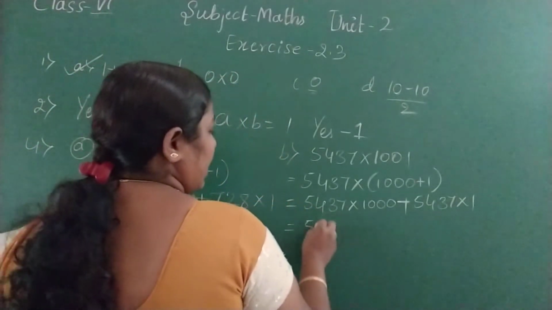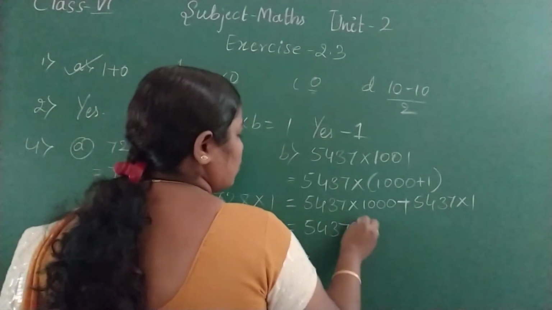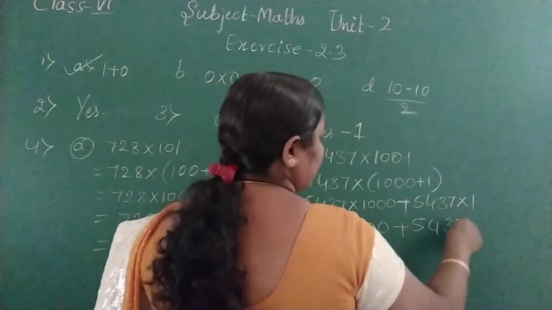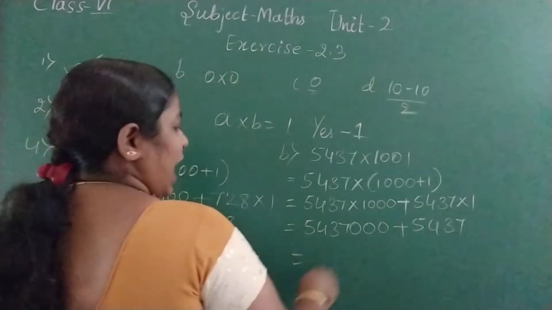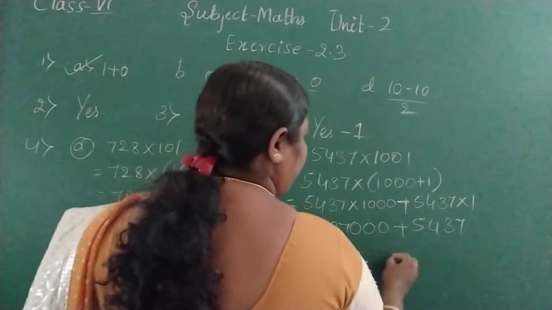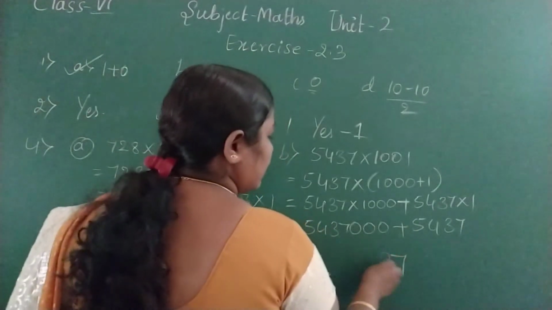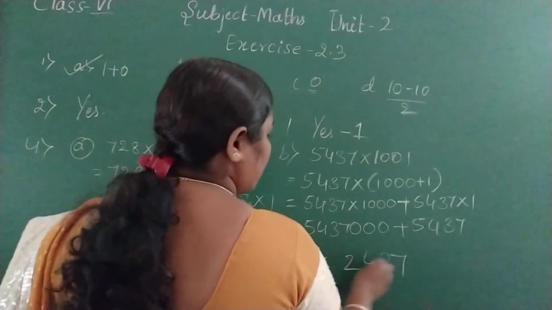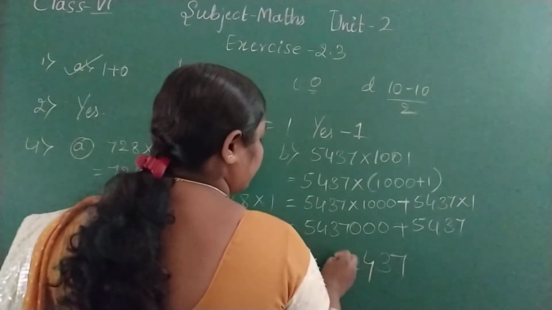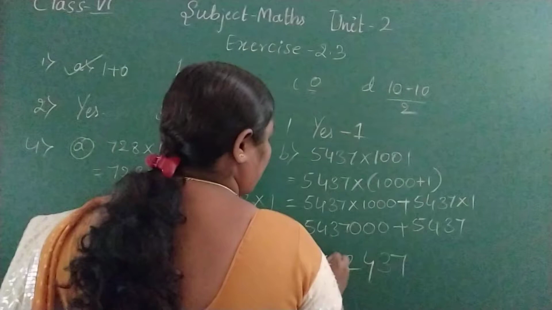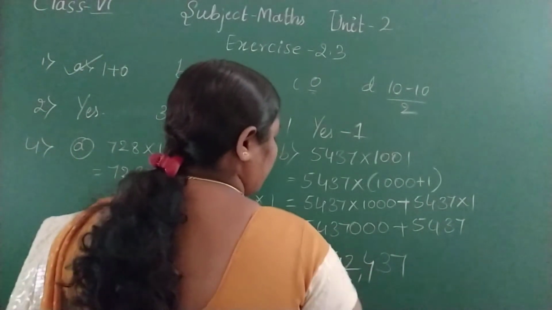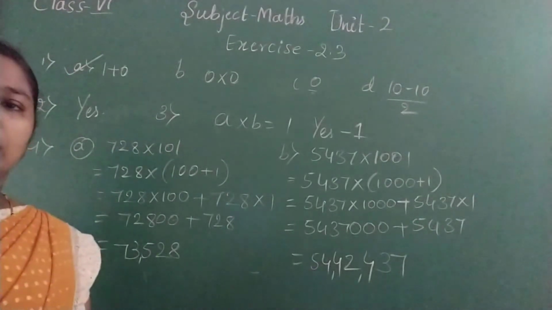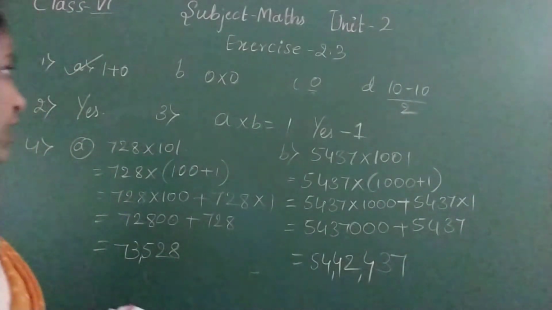So this multiplies with 3 zeros, plus 5437 ones are the same. Now add both. 0 plus 7, 7, 0 plus 3, 3, 0 plus 4, 4, 7 plus 5, 12, 3 plus 1, 4, this is 4 and 5. 5,442,437 is the answer. Next.